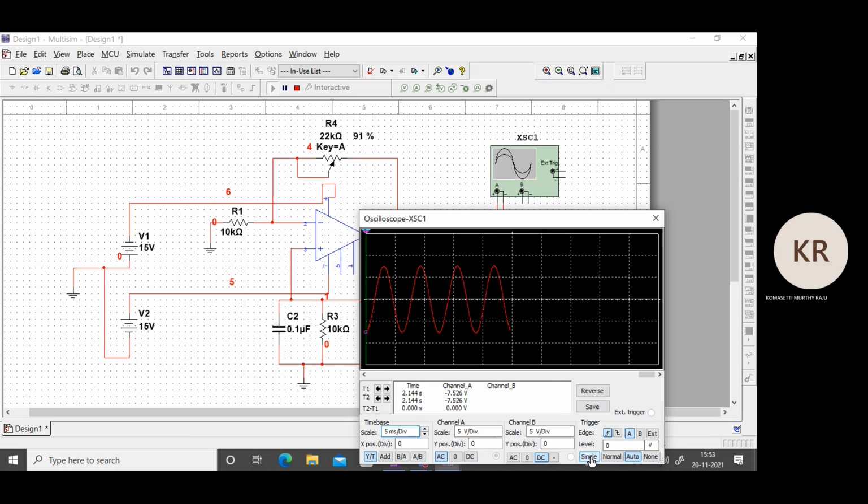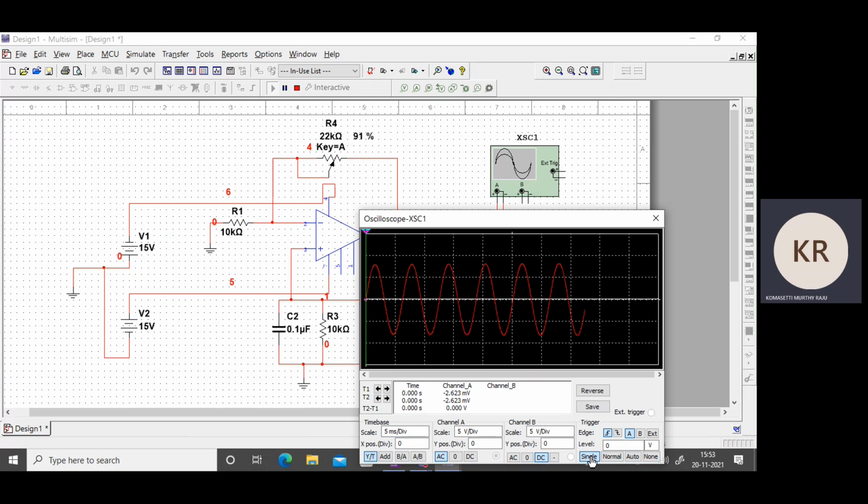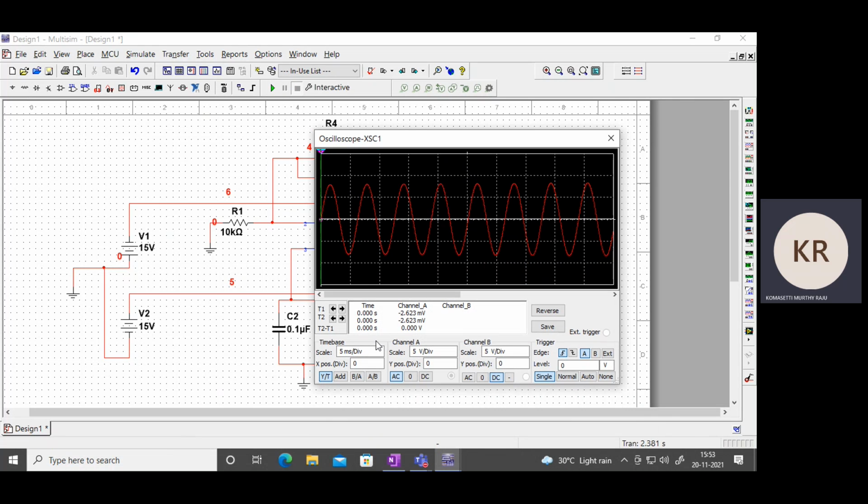Okay. Stop this one. Okay. Stop the simulation and find out the time period. This is the time of one complete cycle. The time required to complete one full cycle is called the time period. This is the positive half. This one is the negative half.